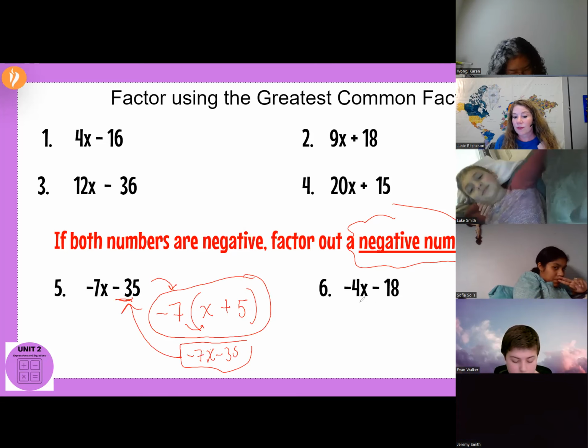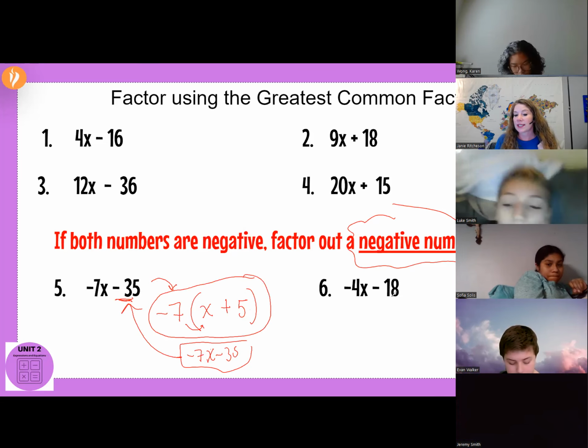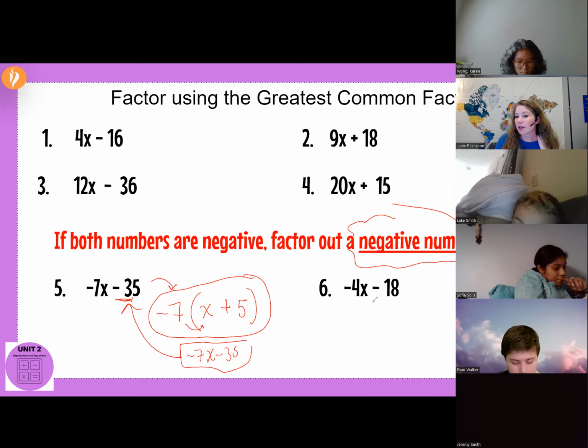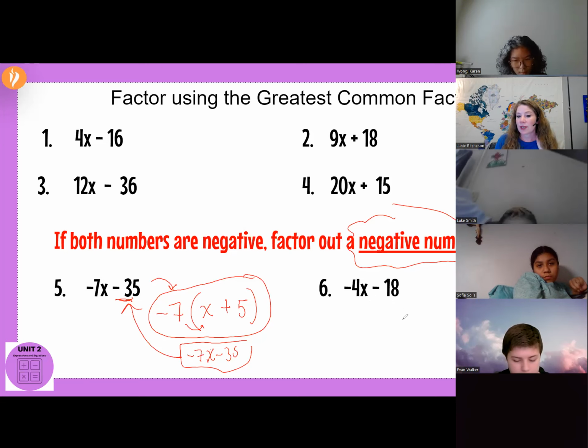If both of them are negative, what's the biggest number you can pull out of this? What are 4 and 8? Negative 4 and negative 18 are divisible by what? We're pulling out a negative number, you guys. 18 isn't divisible by 4. But what is? Negative 2, guys, right?